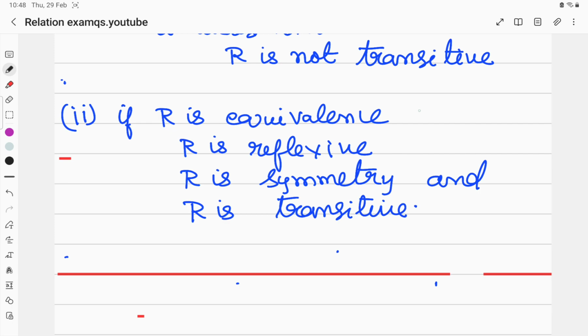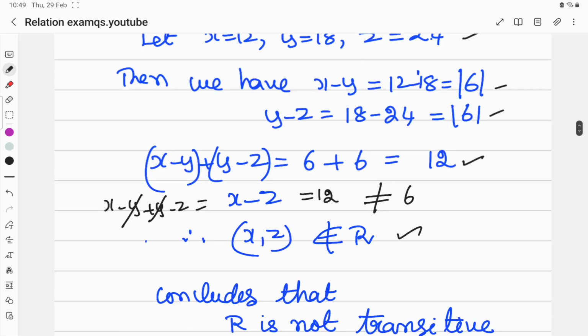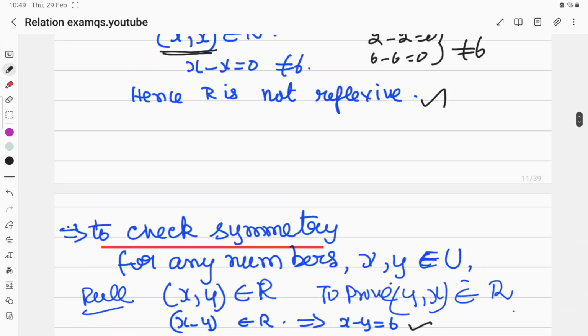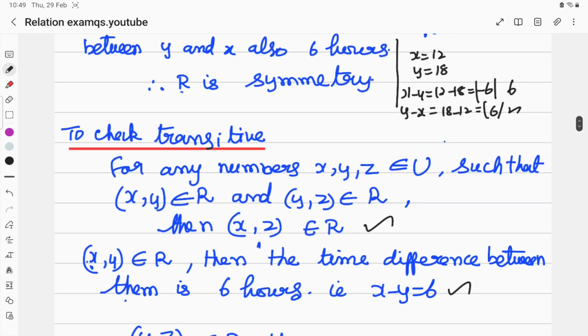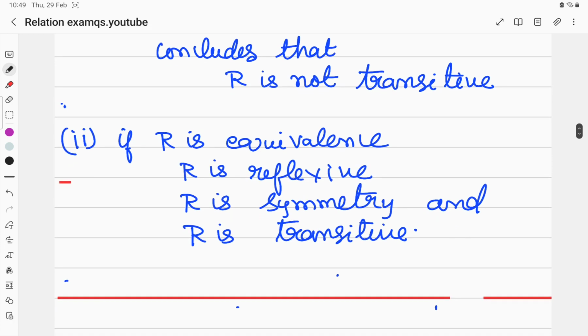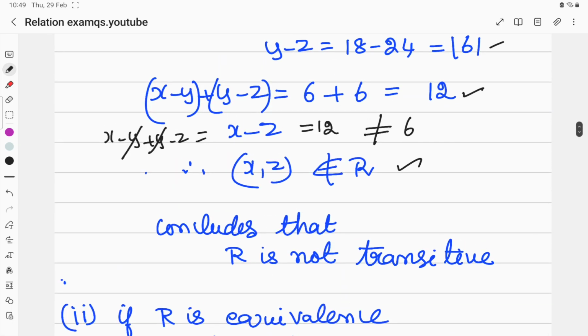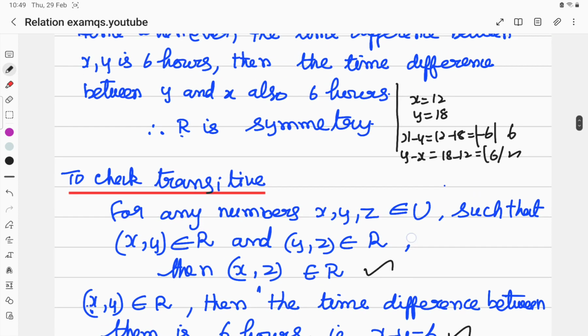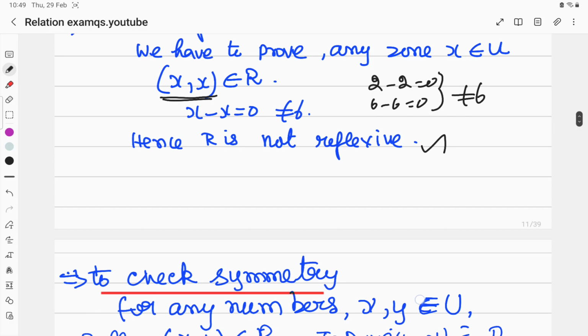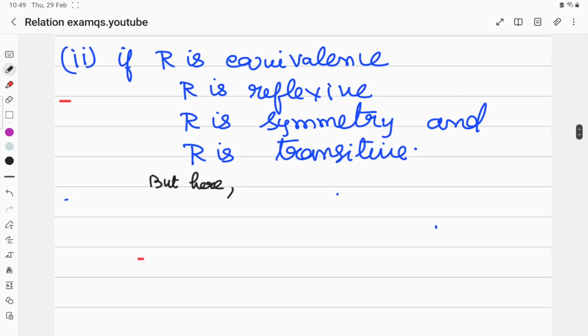Question: if R is an equivalence relation, R must be reflexive, R must be symmetric and R must be transitive. But here R is symmetric only.